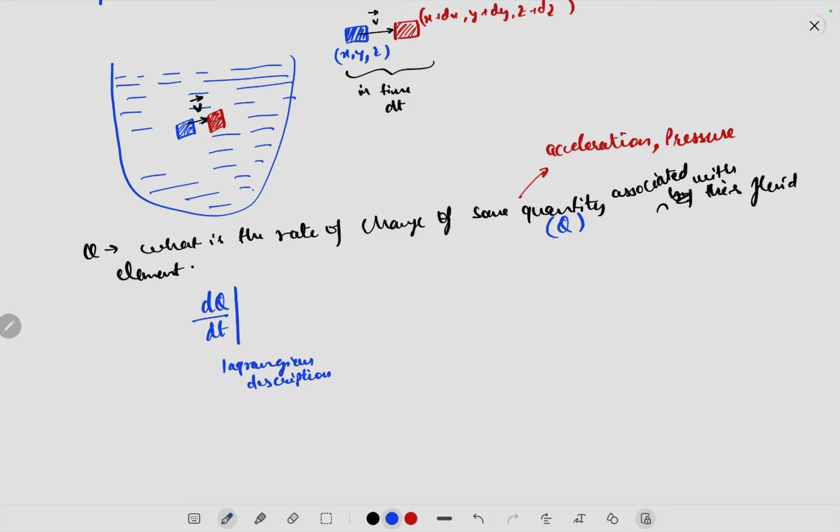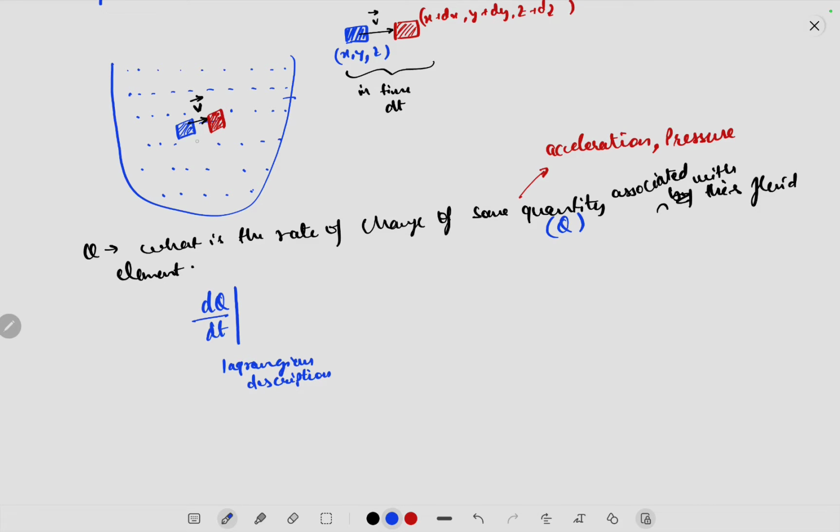All right, so now in the Eulerian description, let's erase this so that I can draw some coordinates. In the Eulerian description, we have some fixed points in space, and we are interested in knowing how a quantity changes over time at that particular point.